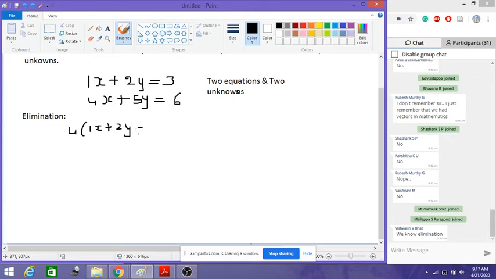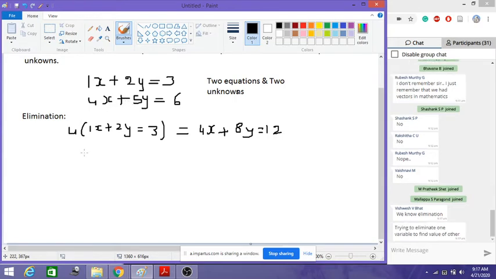Let us revise even if you know, because we want to relate the determinants and elimination, how they are related and which is better. So 4x plus 8y equal to 12. And now let us subtract this from the second equation.